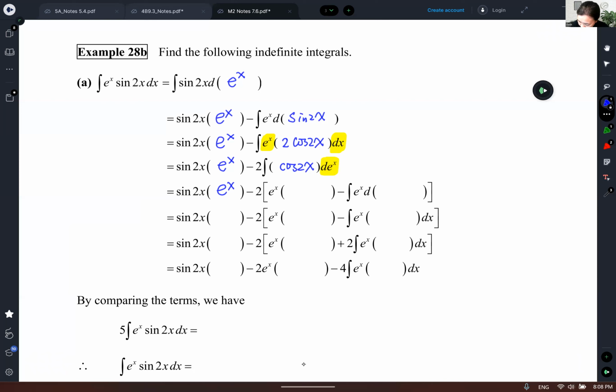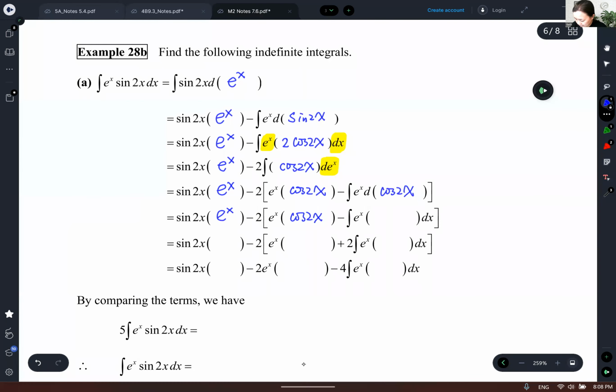So that is e^x cosine 2x minus the integral of e^x d(cosine 2x). And that is negative 2 sine 2x dx. And then I have cosine 2x plus 2e^x sine 2x.